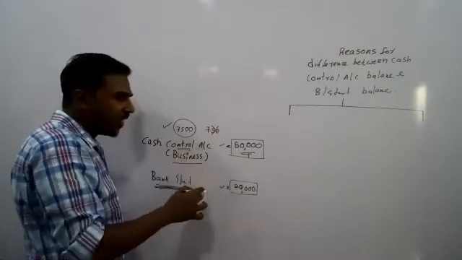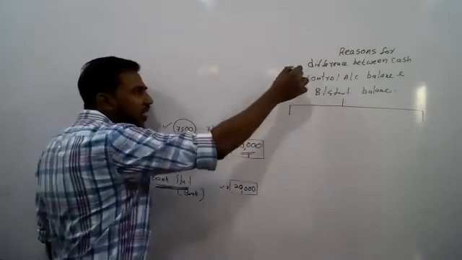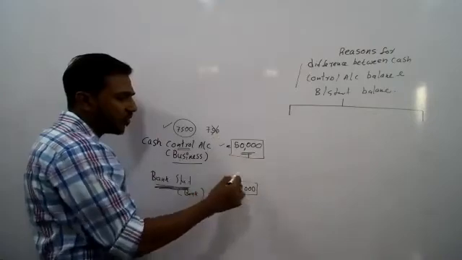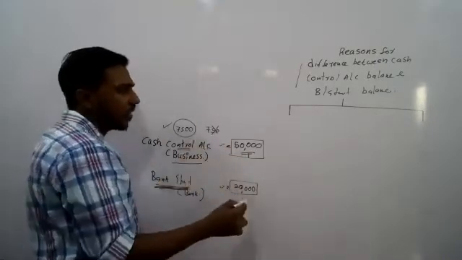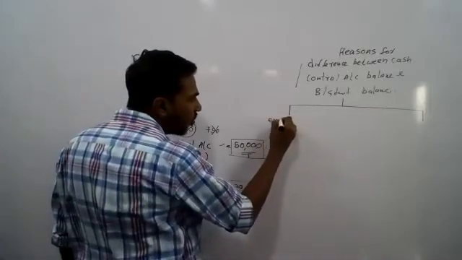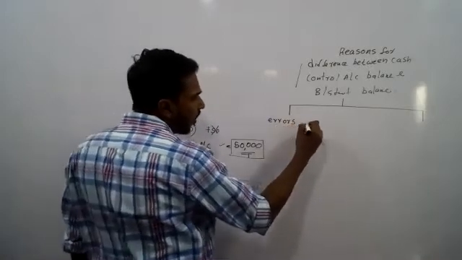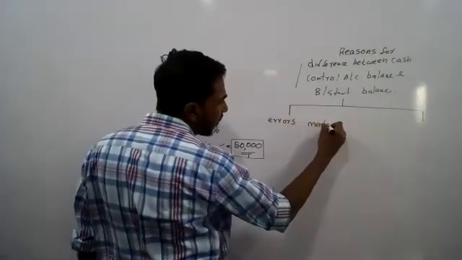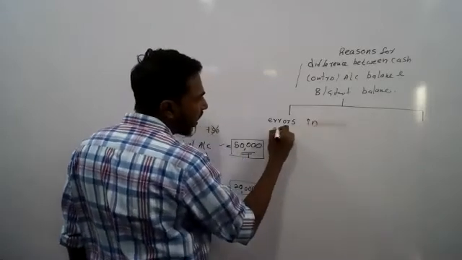That would be a reason for that difference. That means the difference between 50,000 and 20,000 comes because of errors. So one part is errors, we say errors in the cash control account.